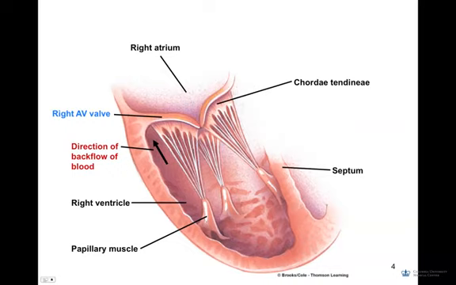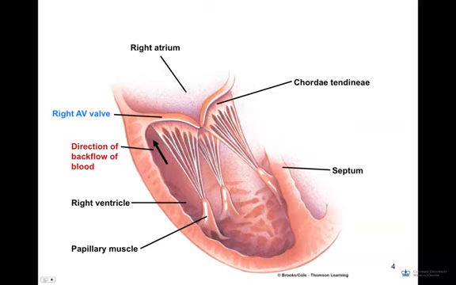Now the valves are critically important because when this ventricle contracts, the purpose of contraction of this ventricle is to make blood move from the ventricle into an artery, and in this case, blood is going to move from the right ventricle into the pulmonary artery. So we want to make sure that all of the energy that we're using to contract this muscle is going to be used to make blood move into that pulmonary artery.